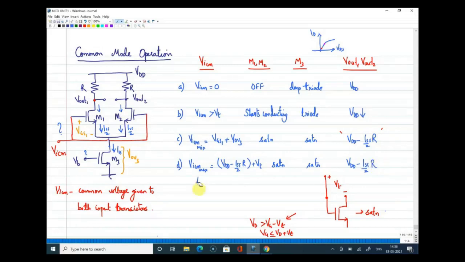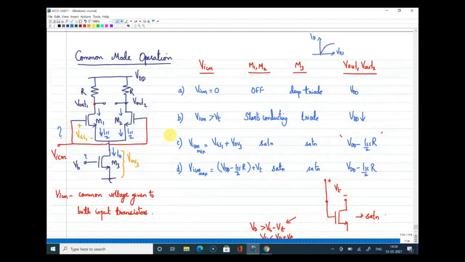All right. So what we have analyzed just now is for a differential amplifier, whenever we connect a signal to both the terminals, on both the gate terminals, there will be some common voltage there. I'll give you a little more clarity on how this common voltage is coming. That common voltage should be within some range.